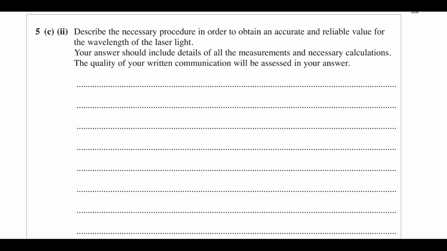Reliable, that's telling us we're going to be taking repeat values of measurements and then finding averages. So measurements, we're going to be measuring fringe spacings and the slit screen distance, so we can work out what the diffraction angles are in each case, and then we're going to use the diffraction grating equation on our graph to work out wavelength.